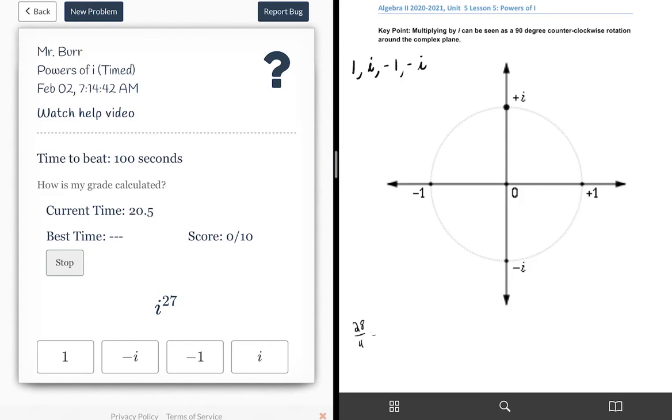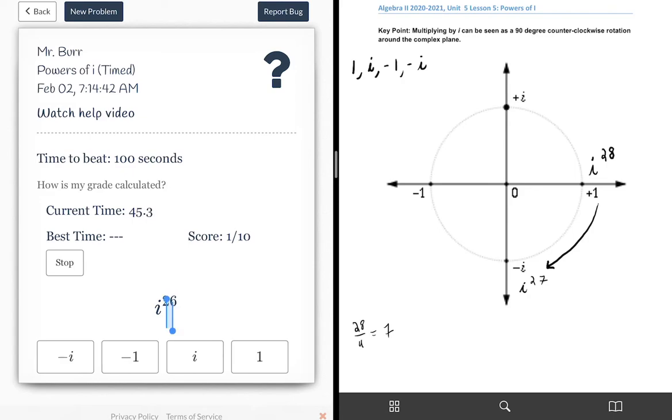Oh yeah, 28 divided by 4 is 7. So this right here would be I to the 28th. And so if I go backwards, right, this thing usually goes around the circle counterclockwise when we multiply. This would be I to the 27th here, and so this is going to be -I.